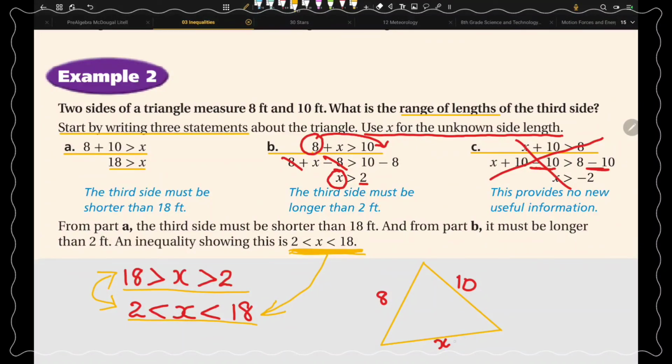If x is 17 here, we can have another triangle that looks like this, where we have an 8 on one side and a 10 on one side, and x is less than 17, maybe x is about 9. Alright? So we have various triangles that will work, but there's no triangle that will work if x is smaller than 2 or if x is bigger than 18. x has to be bigger than 2 and smaller than 18.